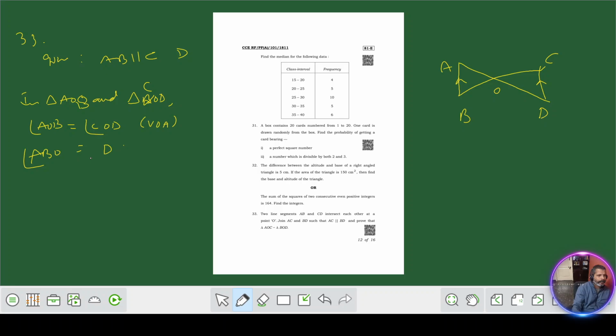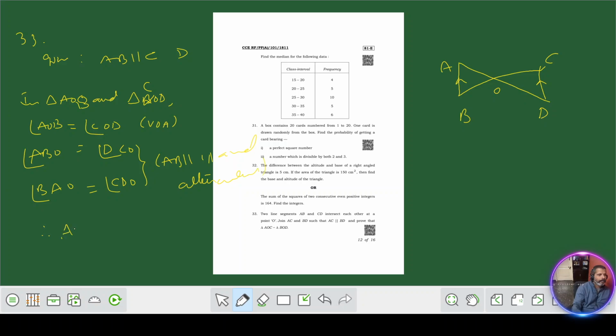Similarly, BAO equals CDO. The reason is AB parallel to CD and alternate angles.